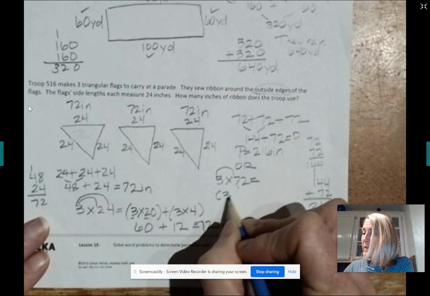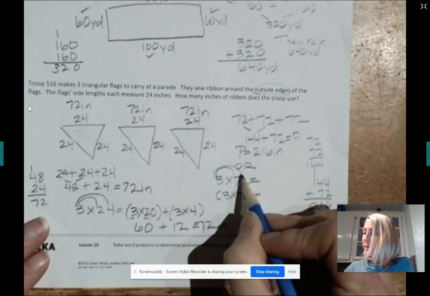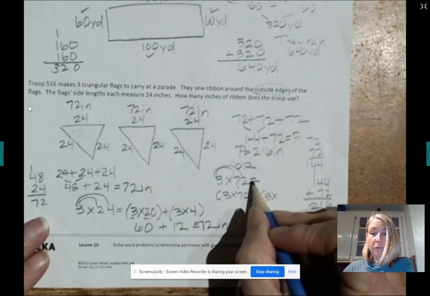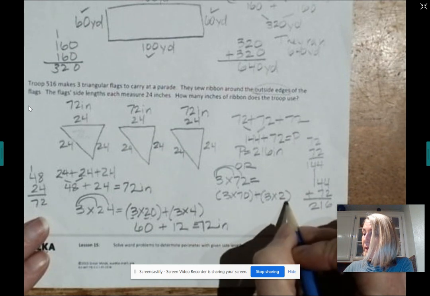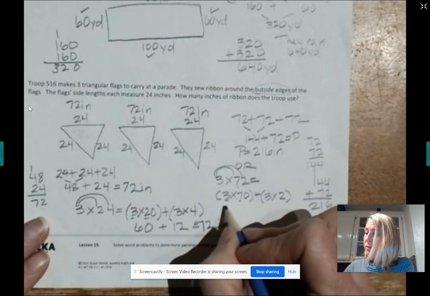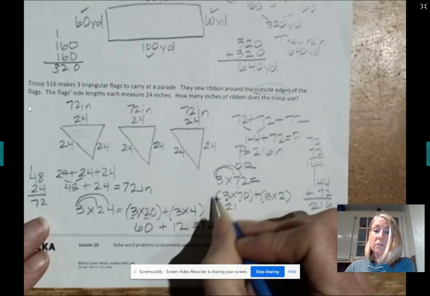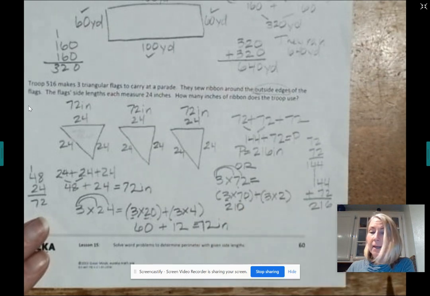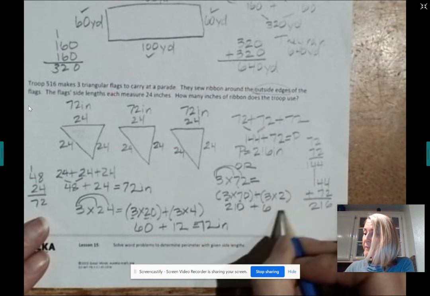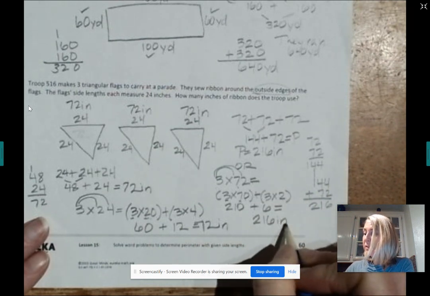So I could do 3 times 70 plus 3 times my value of this digit, which is just 2 because it's in the ones, okay? 3 times 7 is 21, and I am multiplying it by 10, so it shifts over one place value, and I get 210. And then I get 3 times 2, which is 6. And this perimeter also equals 216 inches.